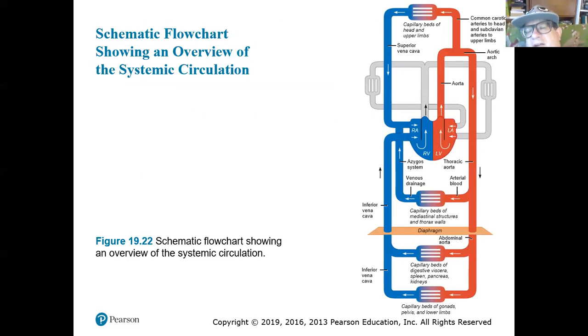All right, and there is a nice drawing of the same. What's happening to head and upper limbs, what's happening in the heart, what's happening in the capillary beds.